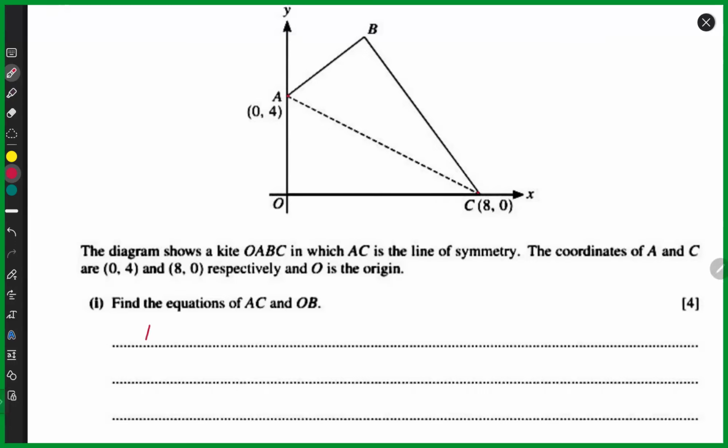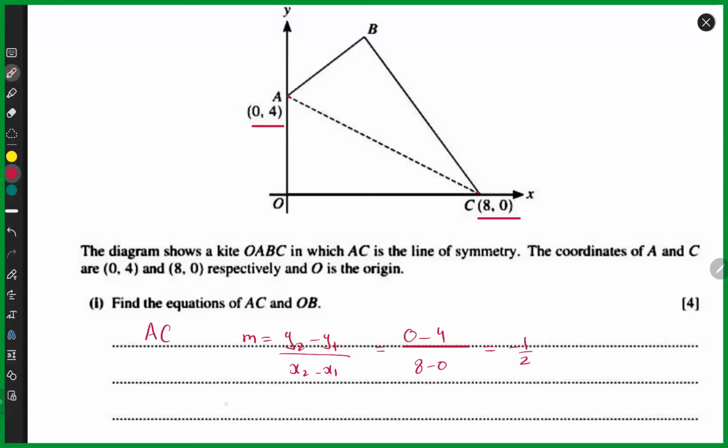If I talk about AC, m is y2 minus y1 divided by x2 minus x1. These are the 2 points, so it is going to be 0 minus 4 divided by 8 minus 0, and this gives me minus 1 by 2. So minus 1/2 is the gradient of AC.